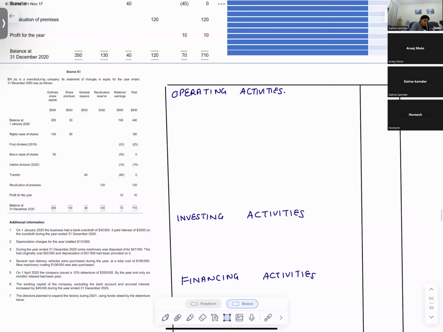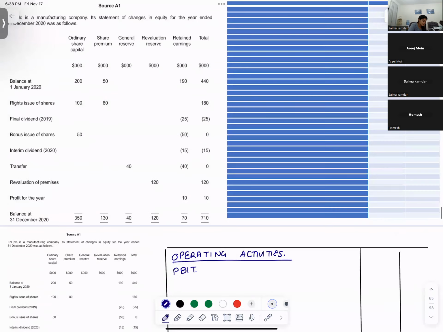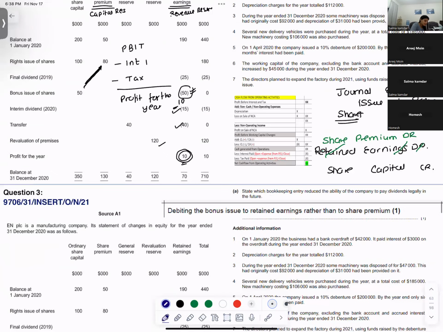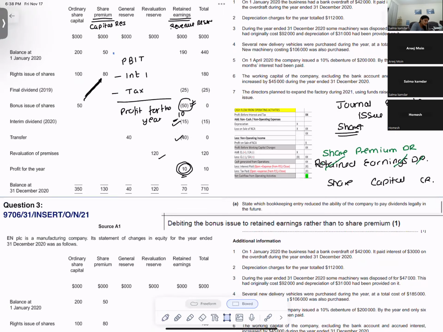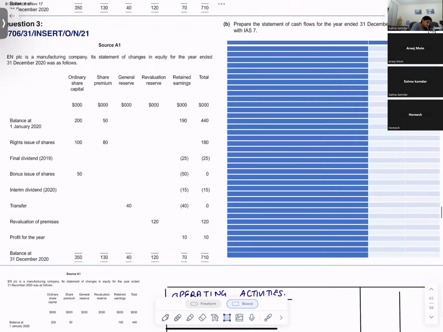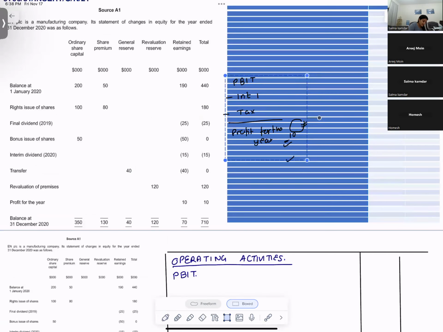In operating activities, we always start with what? PBIT. Profit before interest and tax. I had told you that the one that we have in the statement of changes in equity is which profit?